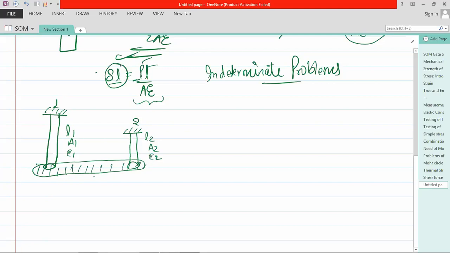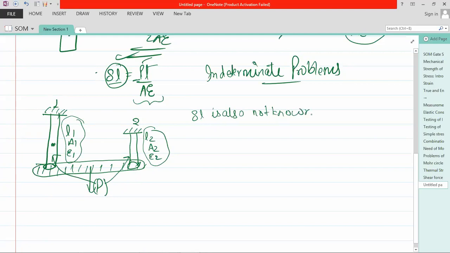A load P is acting, and you need to find the total elongation or the reaction force in each material. What is the part of P that goes to each? As you know, both are different materials, so delta L is unknown, and P1 and P2 are also not known.